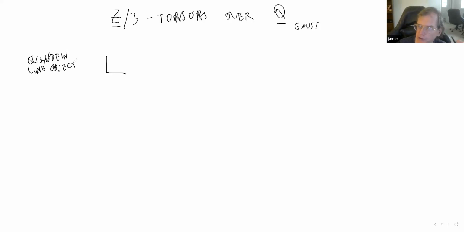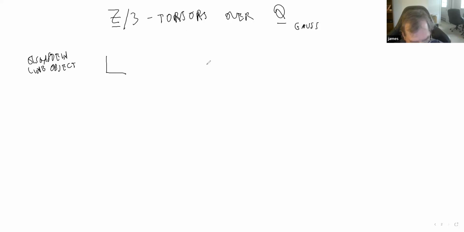It's actually a two-dimensional vector object, but it's a line object over the Eisenstein field, if you like. Well, and we've tried to sketch how this theory works.